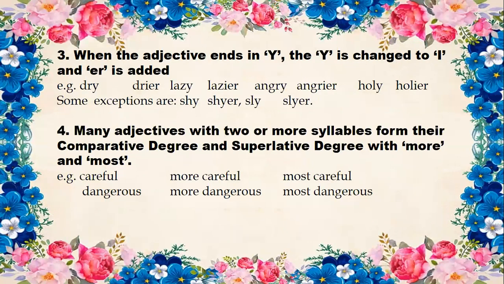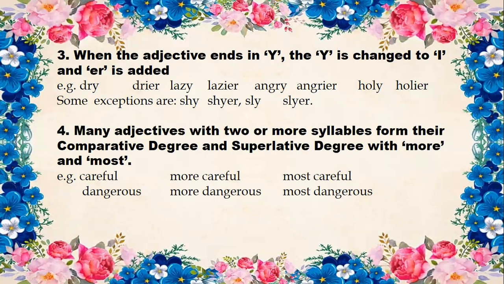Now the third rule. When the adjective ends in Y, the Y is changed and ER is added. Means we have to remove that Y, okay, it is changed to I and ER is added. For example, DRY, dry.